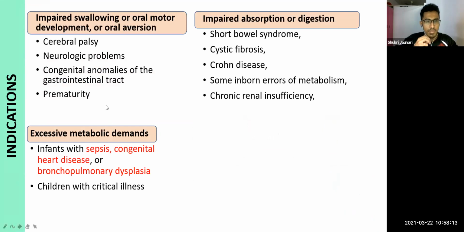Okay, so what is an orogastric and nasogastric tube? As the name suggests, it is a gastric tube, which is a tube passed into the stomach via the mouth and also the nose. I'm sorry. Currently, I'm seeing the indication slide.